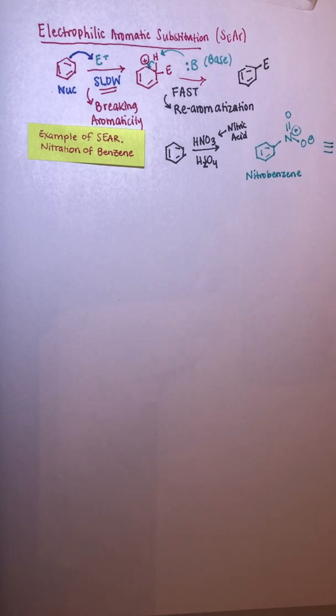And you can also draw it like this. So these are equivalent structures, of course. Oh, you can't see that, let me draw it up here. These are equivalent structures, right? But I do recommend that you understand that this is equivalent to this. Okay? So now we'll show you the mechanism.